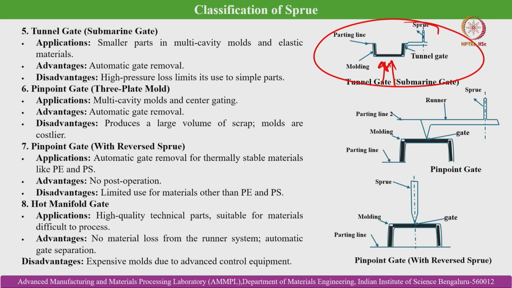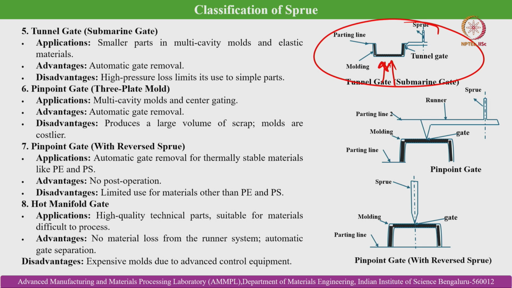So, the pinpoint gate is useful for a 3 plate mold. In 3 plate molds, one half is typically kept to house the component geometry, and another half is kept to take the melt inlet, that means the sprue bushing.